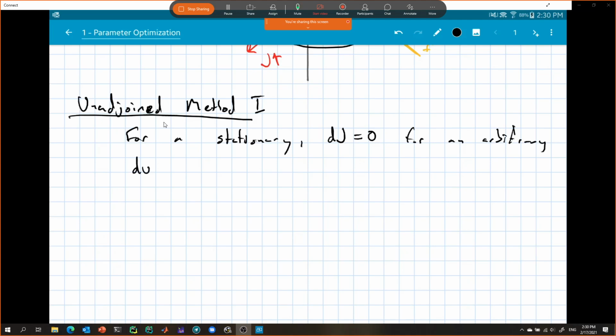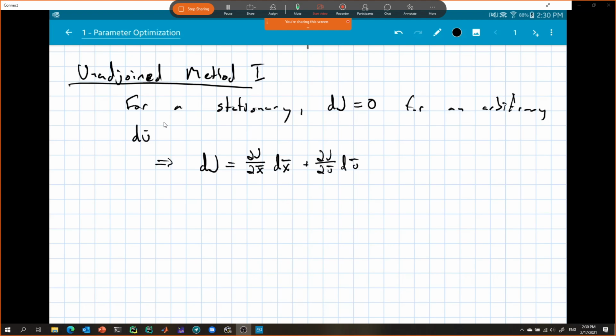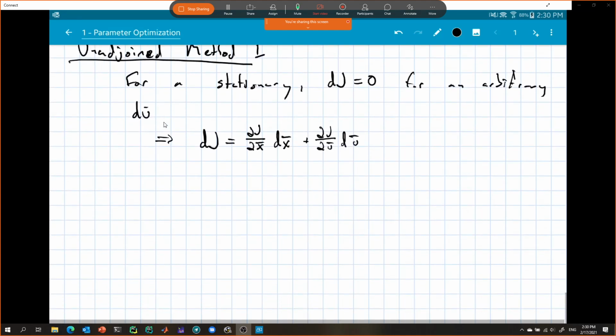So for any du, this is equivalent to what we solved before. So then we get this equation: dJ. We have to take into account both the change in u and the change in x. So that's 1.7.